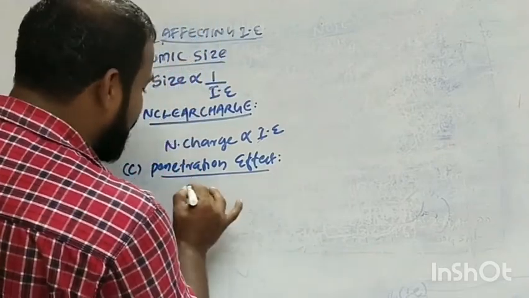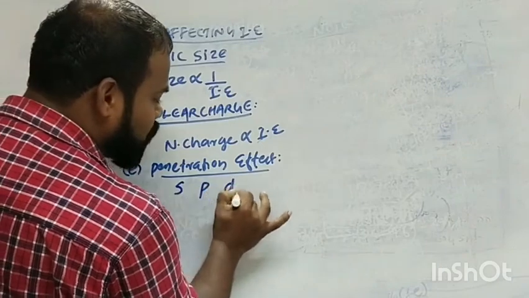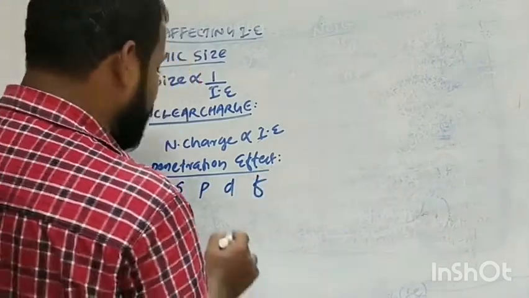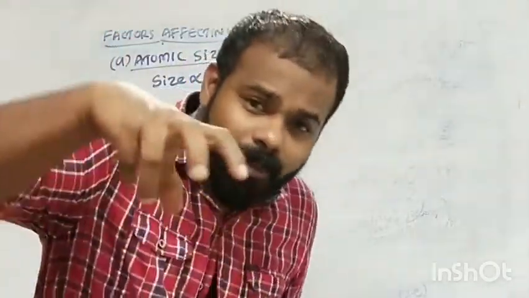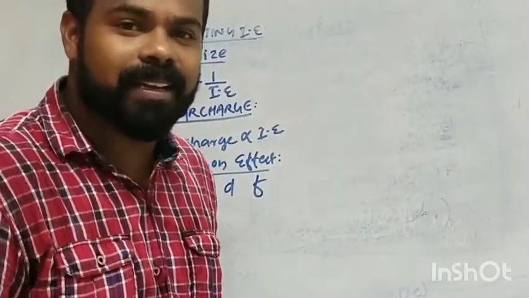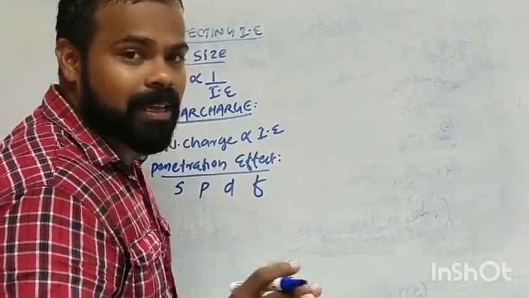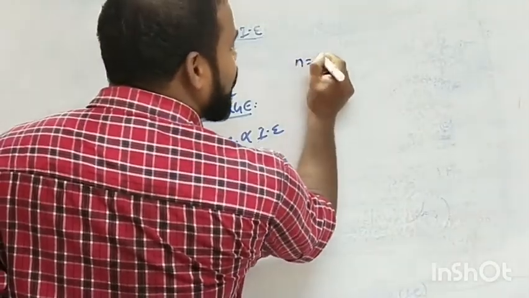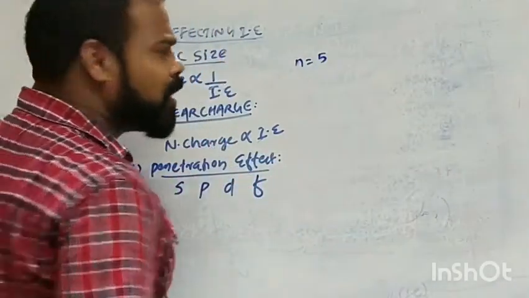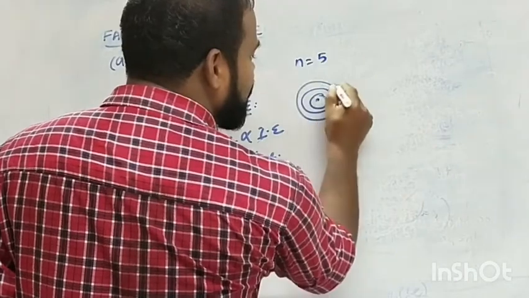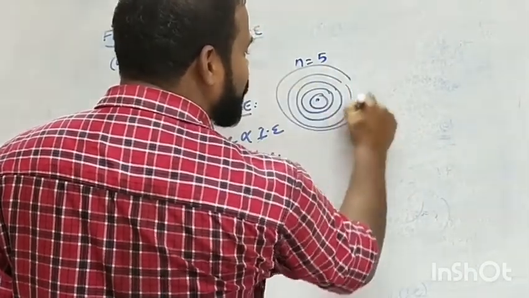The subshells are s, p, d and f. We know the maximum penetration effect. Penetration means which one is more close to the nucleus. Suppose I take the 5th level, principal quantum number n equal to 5. Just assume. At that time we have first, second, third, fourth, and the 5th I am drawing here.